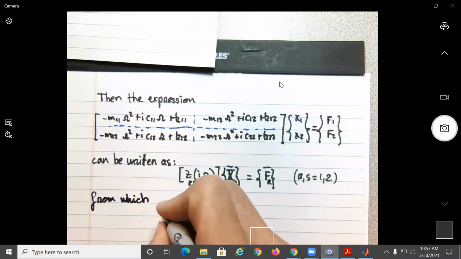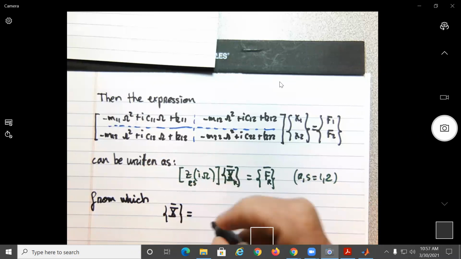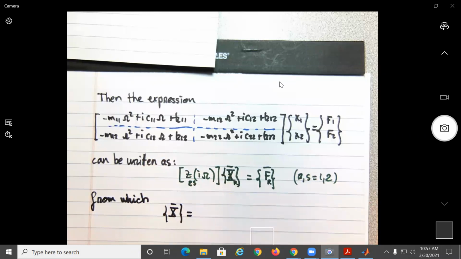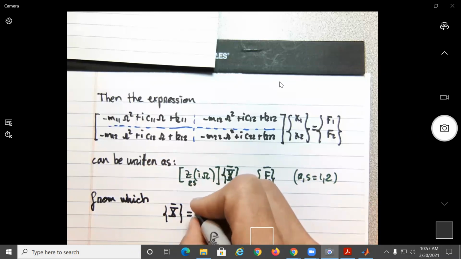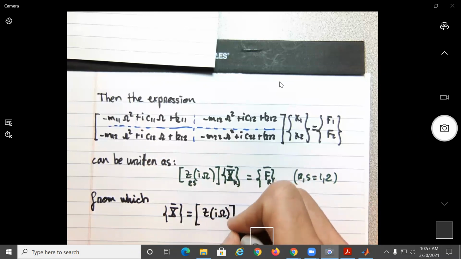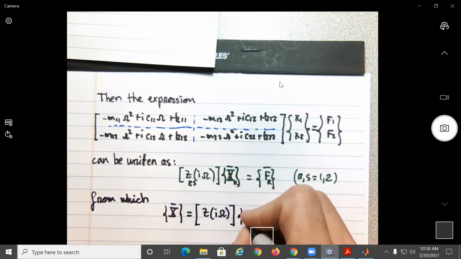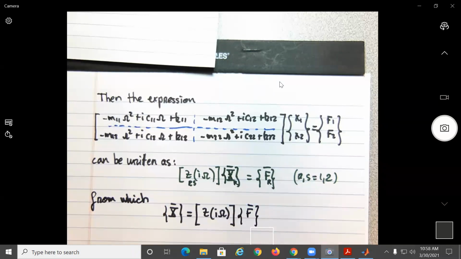The solution X, if we solve for X, should be equal to the inverse of Z of i omega. So you solve for X, you multiply by the inverse of this one on both sides, so this one disappears. And here you're going to have F.